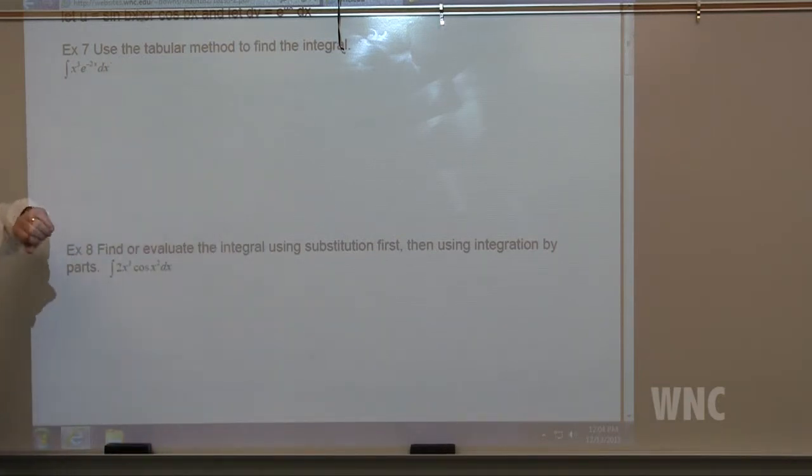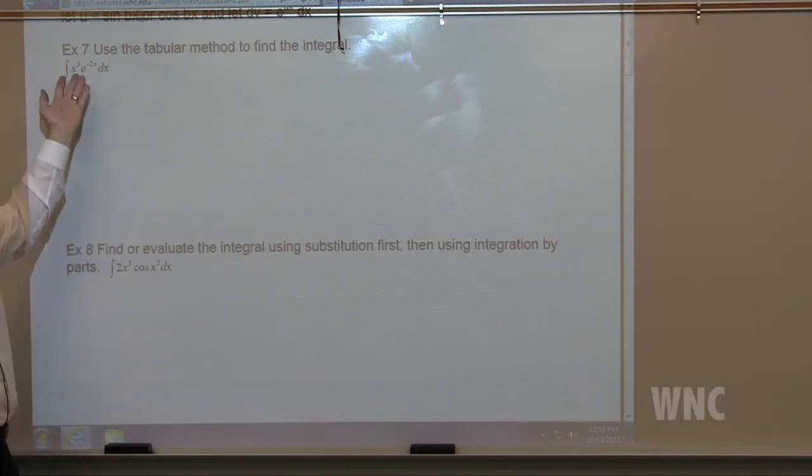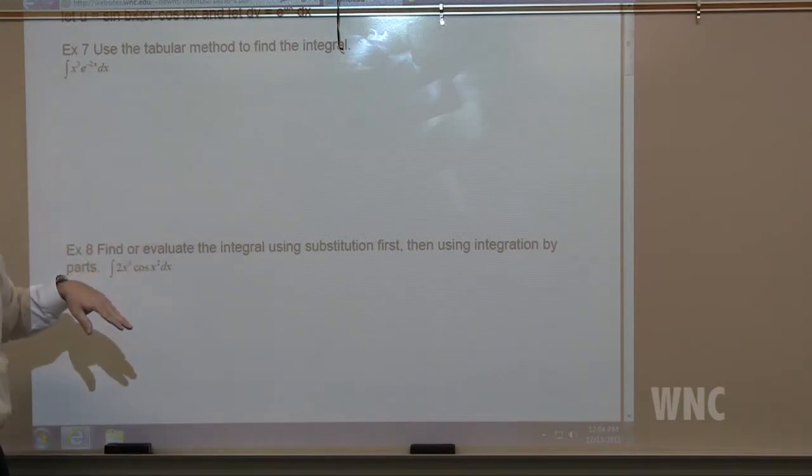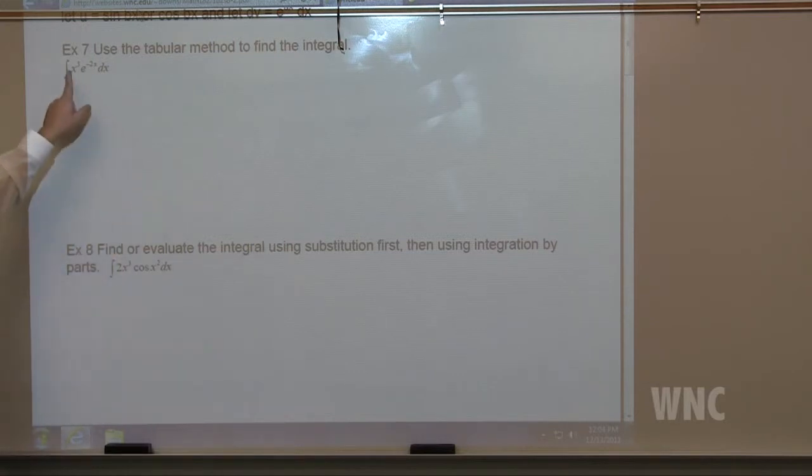So in the tabular format, you're going to choose u to be the factor that will go away if you keep taking the derivative. Your dv is the other part. So in this case, if I keep taking the derivative of x to the cube, I'll eventually get to 0. So that's where I'm going to choose my u.